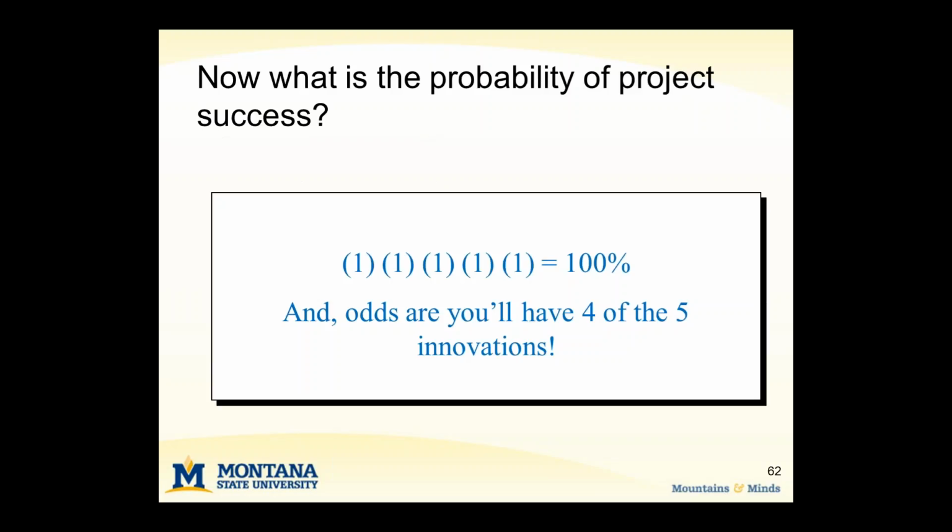Because now, since you can always revert back to the reserve idea, the backup idea, you have a 100% chance of product success, and at the same time, odds are good that you'll end up with 4 of those 5 innovations. So this idea of gradual narrowing and keeping a backup solution can be really, really powerful in your development processes.